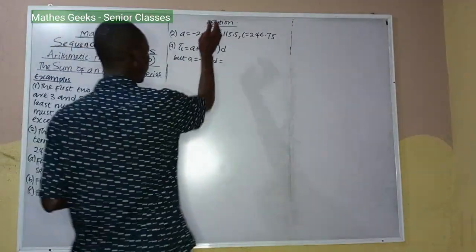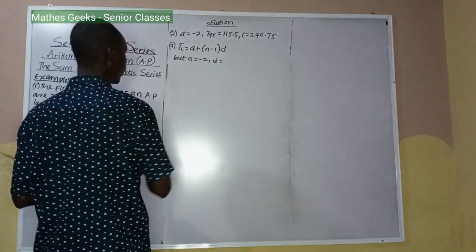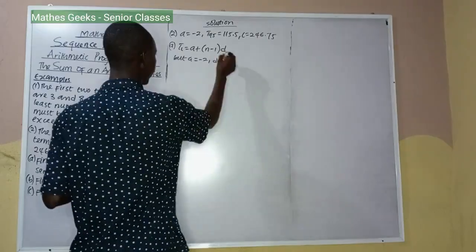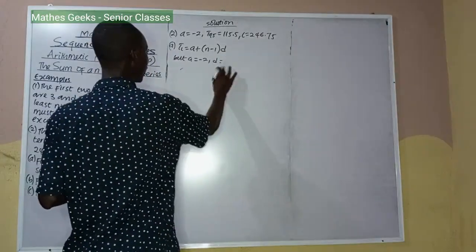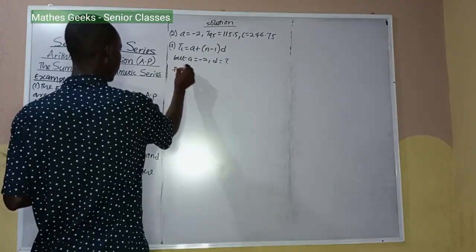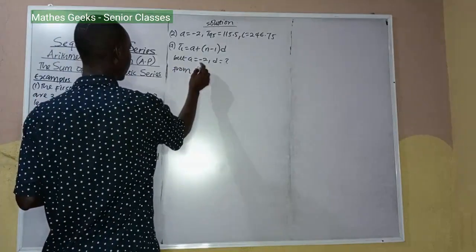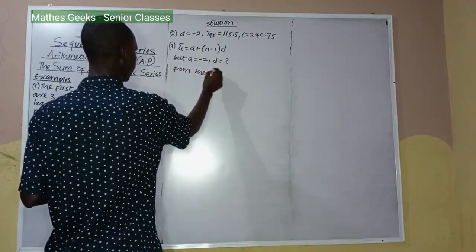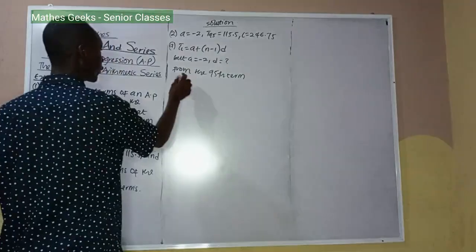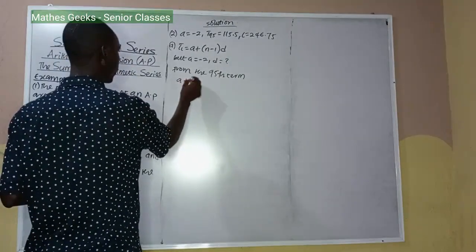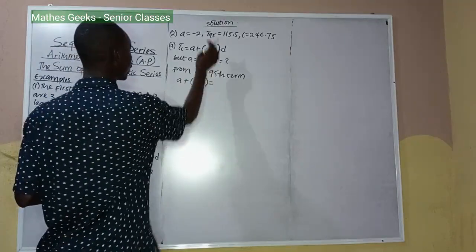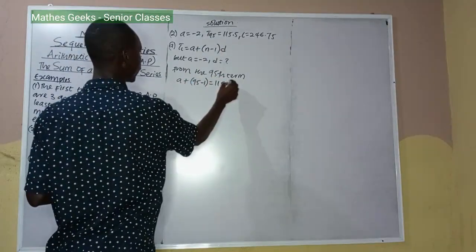For us to get the common difference, we're going to use T95. So the common difference is unknown. Let's come over here and say from the 95th term, a plus 95 minus 1 d is equal to 115.5.